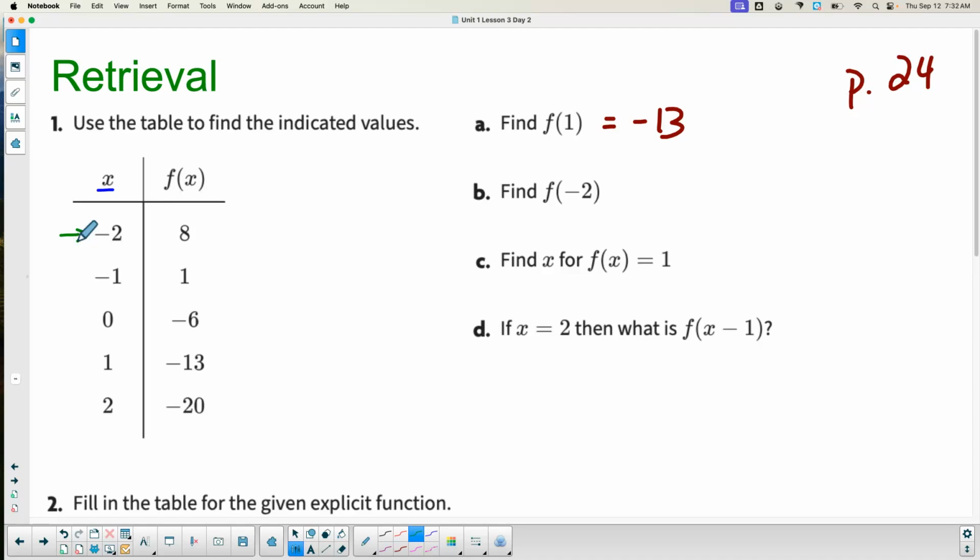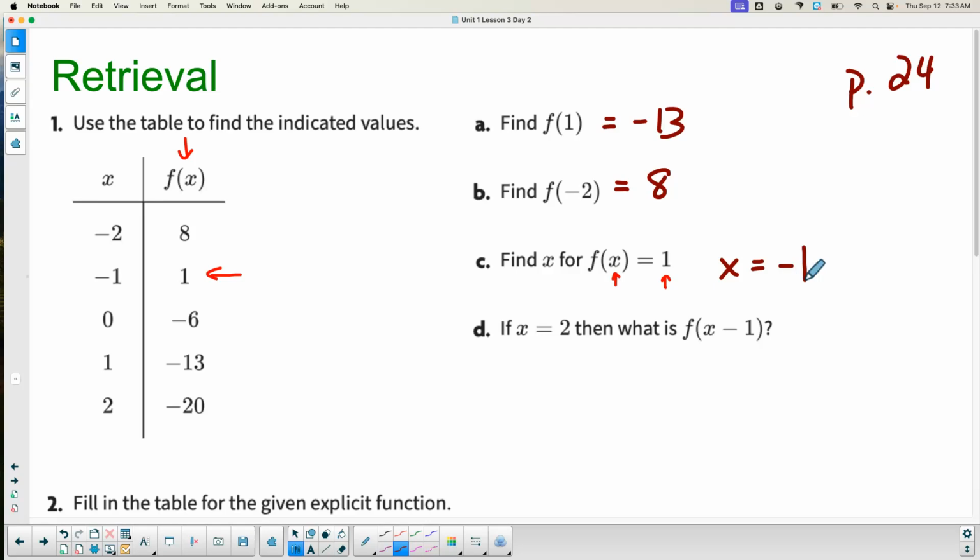So f of negative 2 is 8. On the next one, now instead of looking for the x value, the input value, that's going to give me an output value of 1. So now I'm going to be looking down the output column for where we find a 1. It's that, so then x here has to equal negative 1.